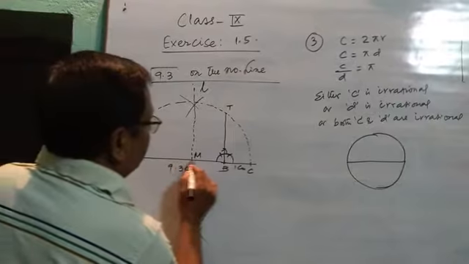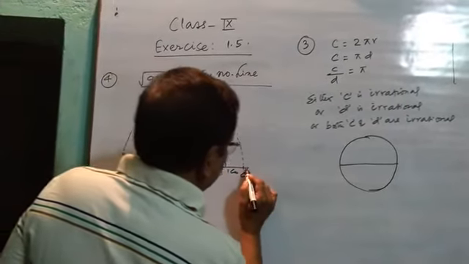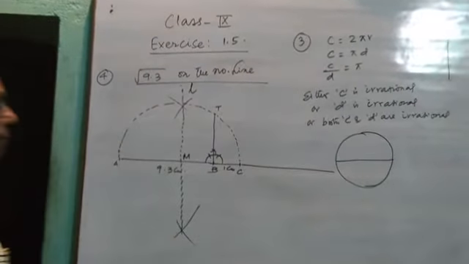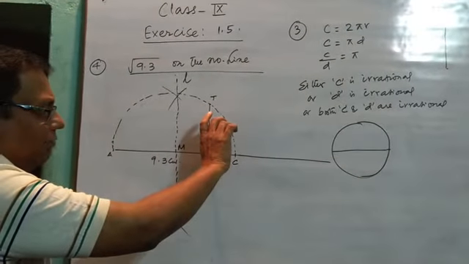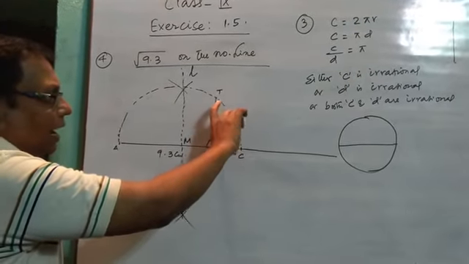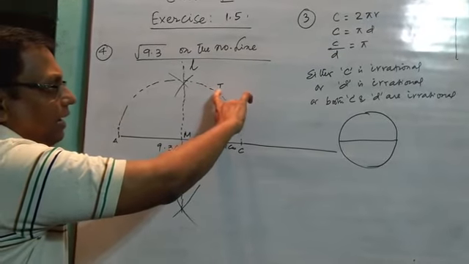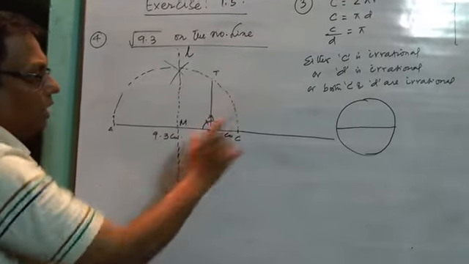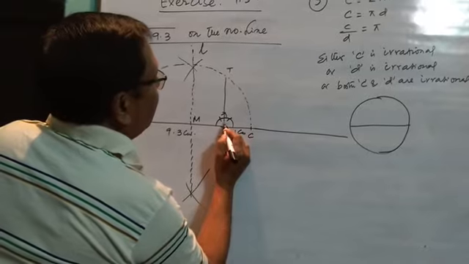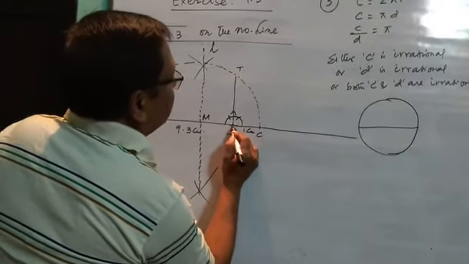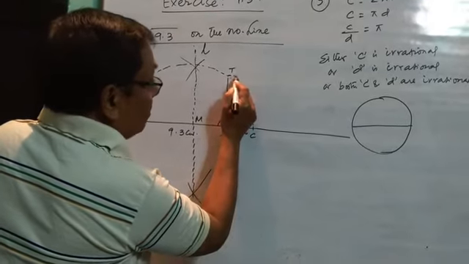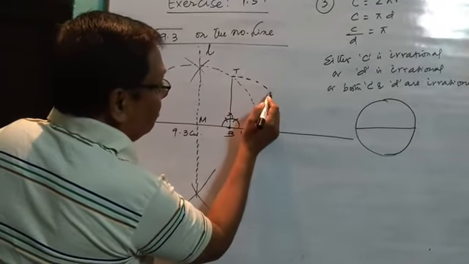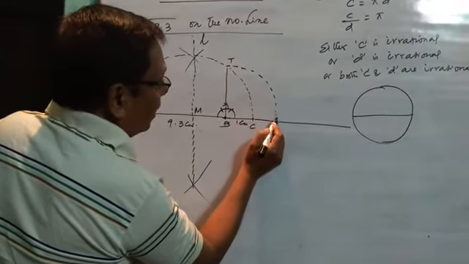We will now produce AC indefinitely. We will put the needle of the compass at B and the tip of the pencil at T and we will draw the arc.